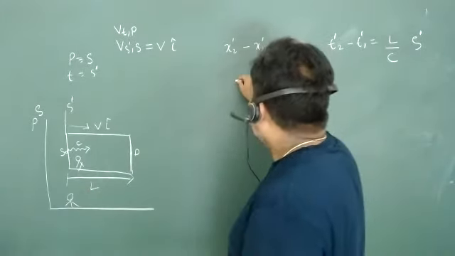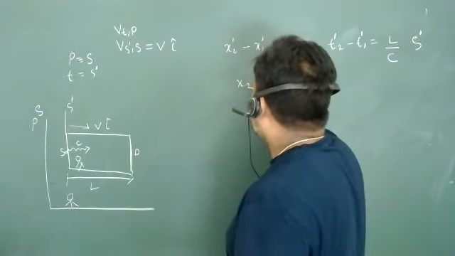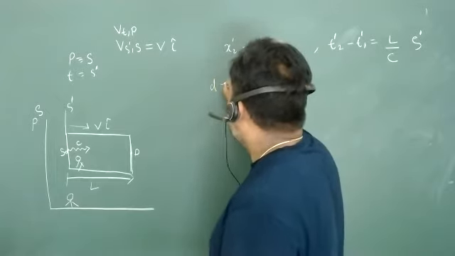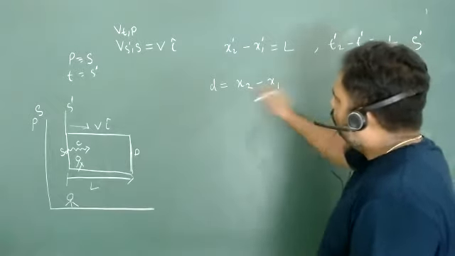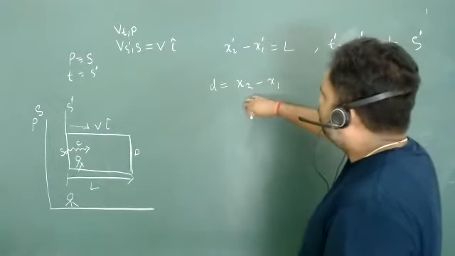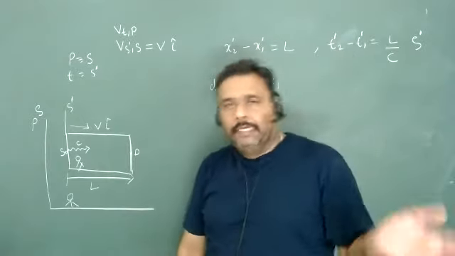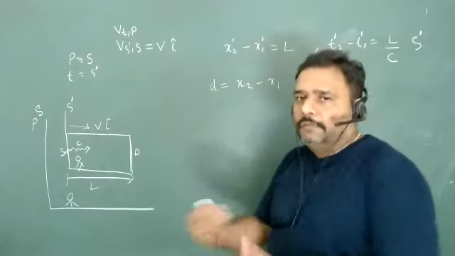From the S frame, the total distance is nothing but x2 minus x1. This will be your distance. And what can we do? We can go for the inverse Lorentz transformation, because the Lorentz transformation is from dash to non-dash, and the inverse Lorentz transformation is from non-dash to dash.